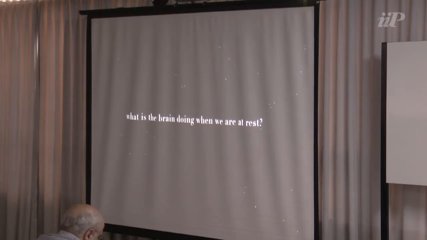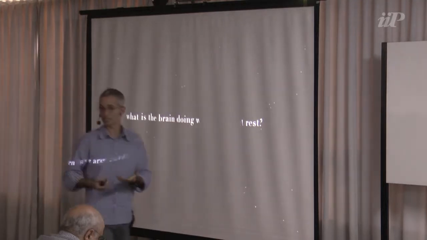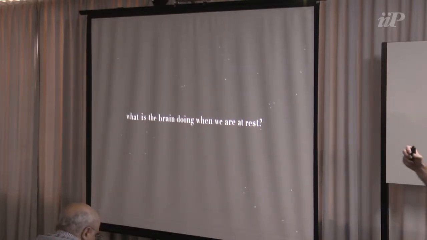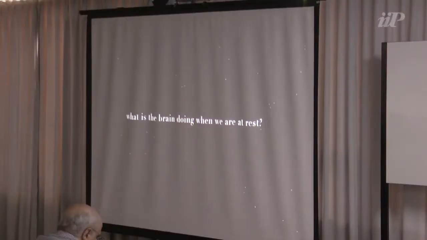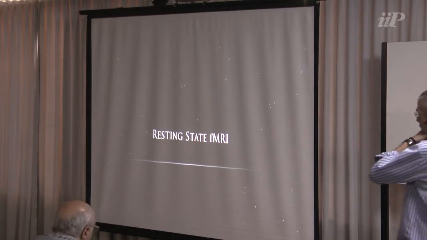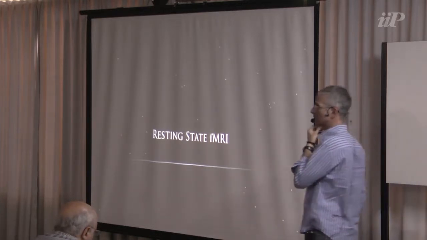Because when we do that task-rest thing, what we're doing is inspecting how the system responds to something, right? So it's a response function. That's what we are investigating. By looking at rest, you can look at the system when you are not interfering with it. So what is it that the brain is doing at rest? That gave rise to what has been called resting state fMRI.